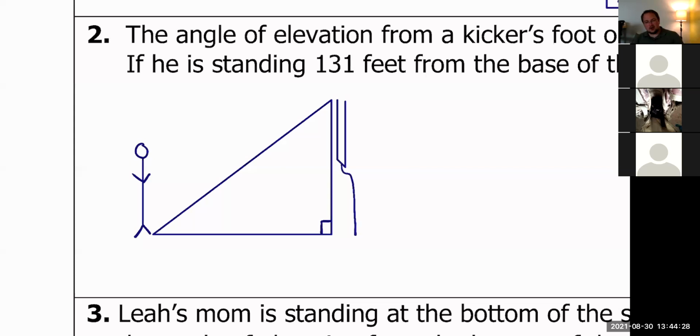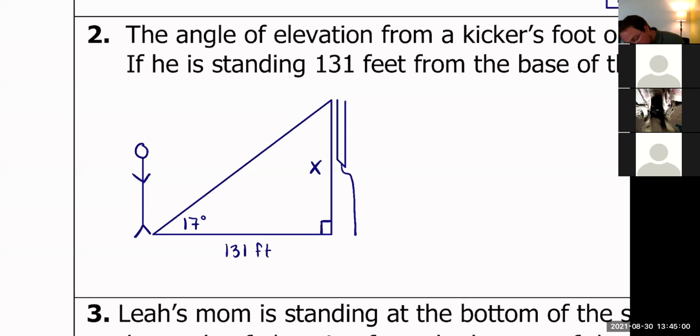So the top of the football goal there, it told us that the angle of elevation is 17 degrees. And it also told us he is standing 131 feet from the goalpost. We want to know how tall the goalpost is, which is just this side right here. A little bit easier diagram to sketch out.